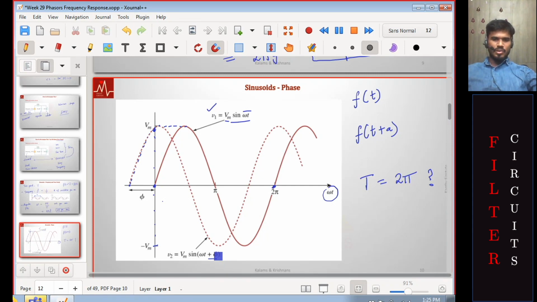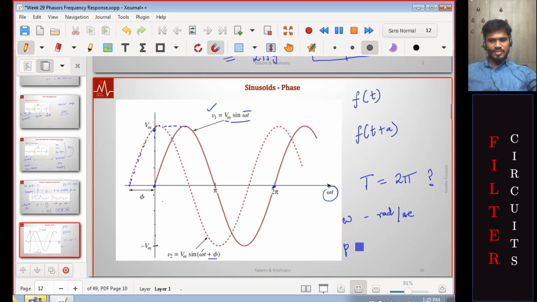Notice when you take derivatives and all that, only omega matters. Phase doesn't matter. Phase is a constant, right? By convention, omega is in rad per second and phase is expressed as an angle.